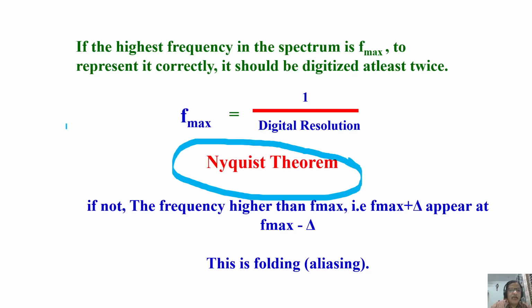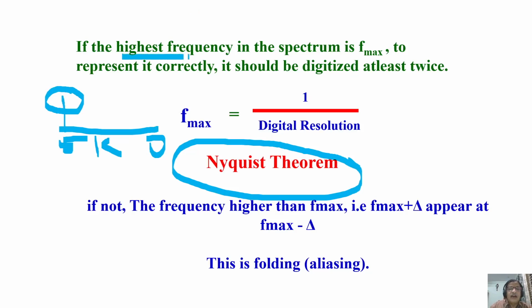Let us say I have taken the spectral width 0 to 5000 hertz. There is a peak here, at 5000. This is my largest frequency.